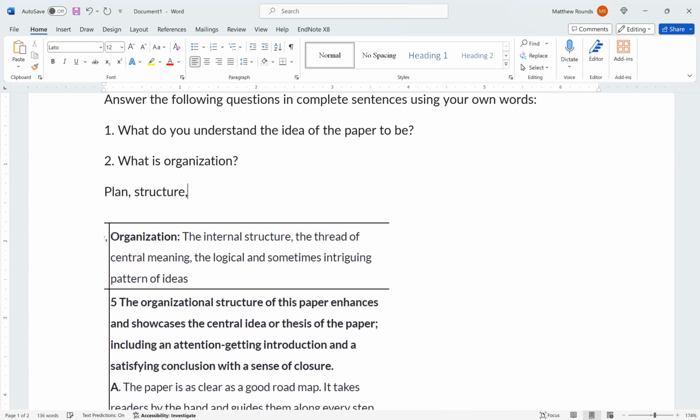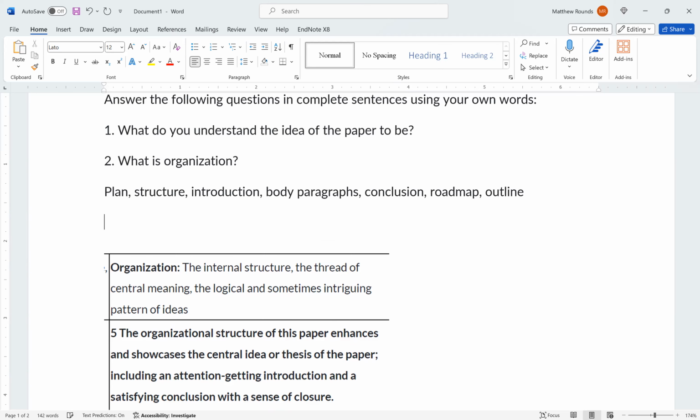We've talked about having an introduction, body paragraphs, a conclusion, a roadmap, an outline. And all of this is used to connect ideas in the essay. Okay. So could you give me a sentence or two that gives me your understanding of organization?